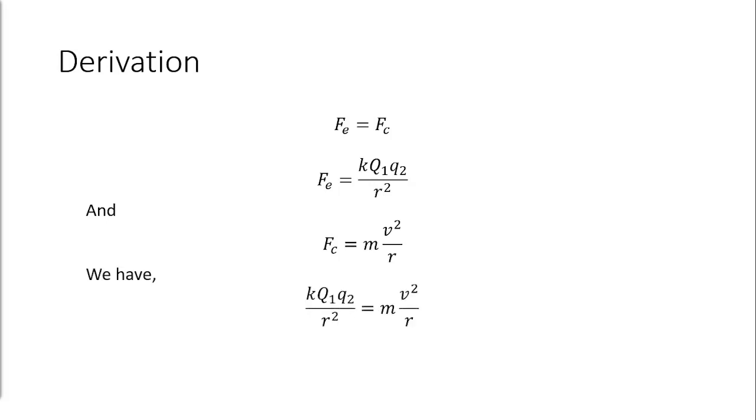Since F sub E is equal to electric constant K times Q sub 1 times Q sub 2 all over r squared, and F sub C is equal to mass m times velocity v squared all over r, we have K times Q sub 1 times Q sub 2 all over r squared equals m times v squared all over r.